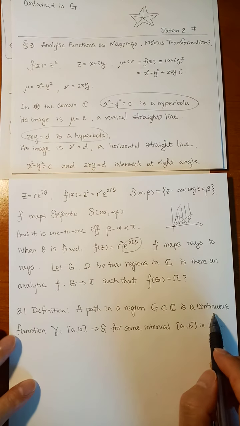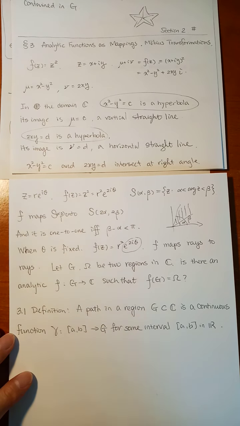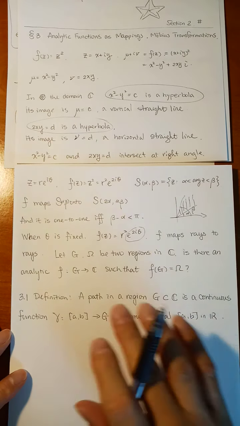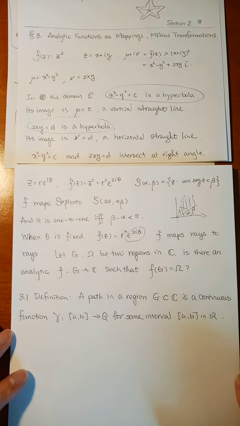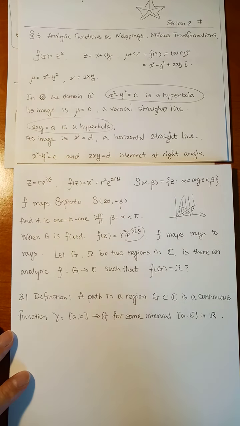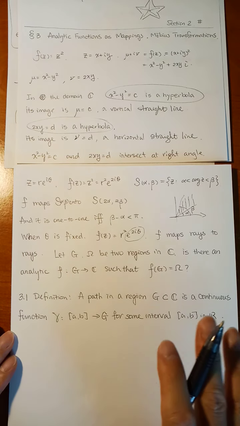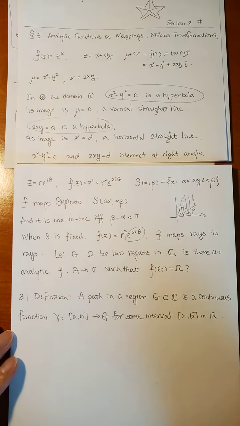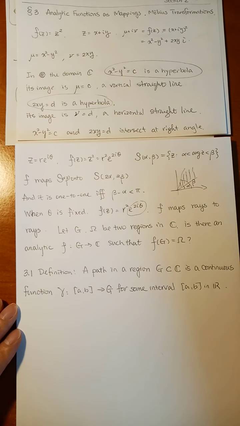Abstract path is determined by a continuous function. Every one continuous function gives you a path. Another continuous function will give you another path. Actually, you are going to imagine its image in the G, not just the function.